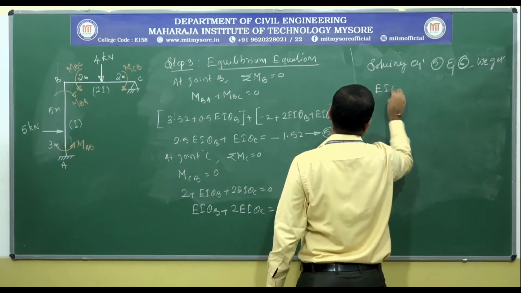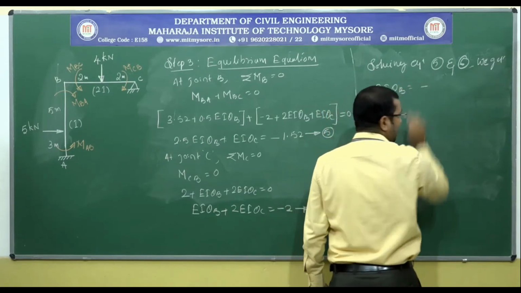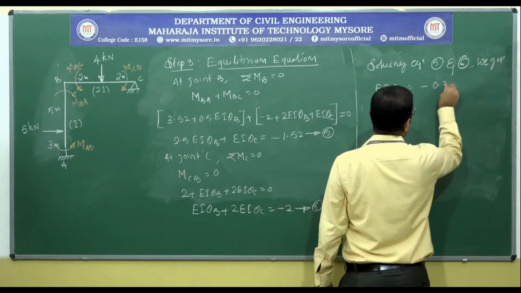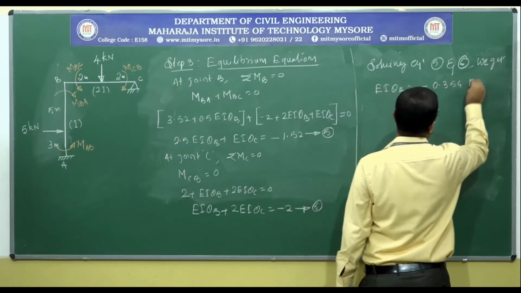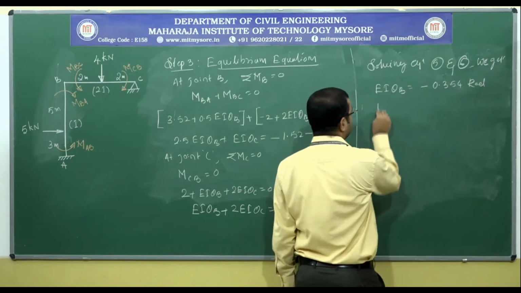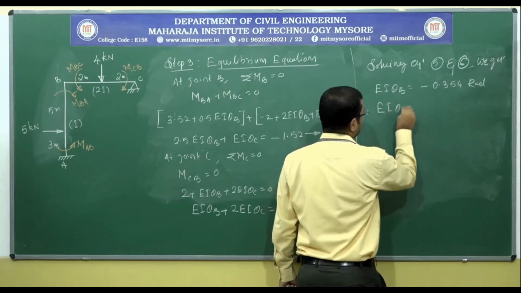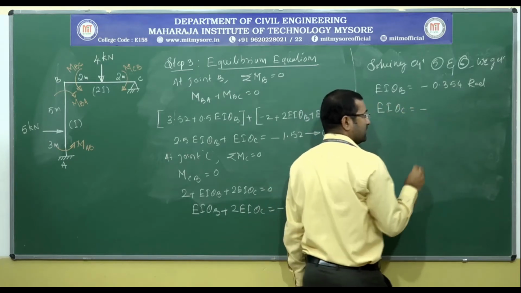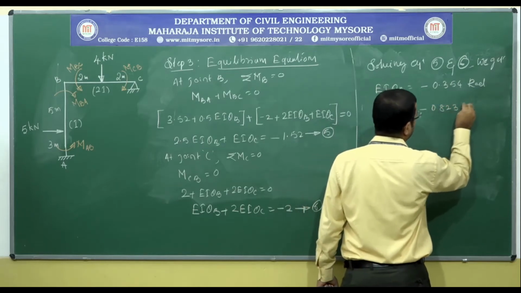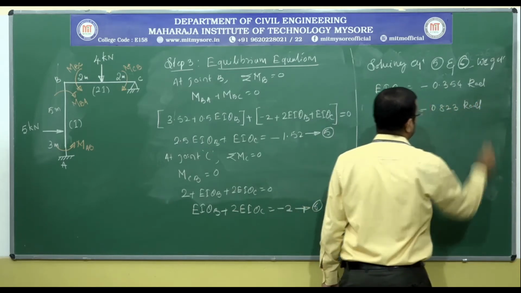the value of EI theta B as minus 0.354 radians, and we will get the value of EI theta C as minus 0.823 radians.